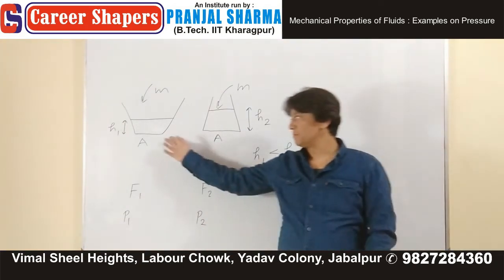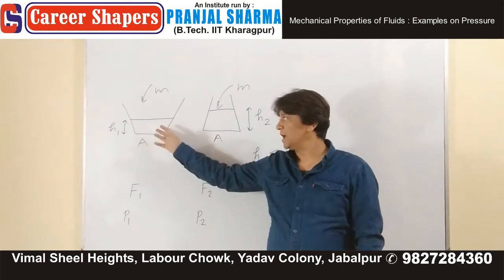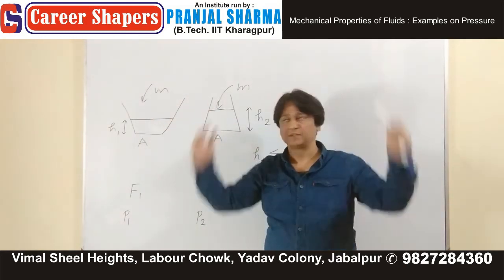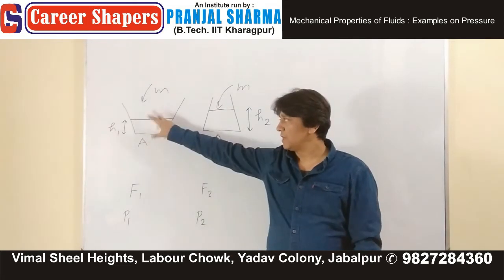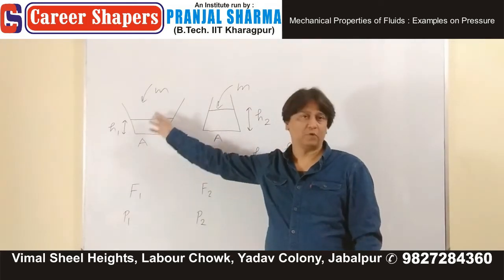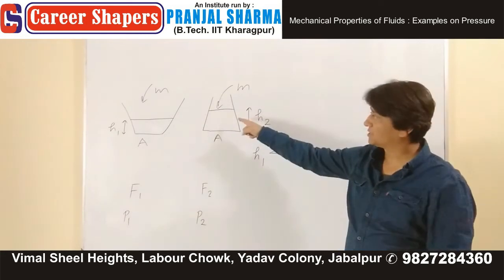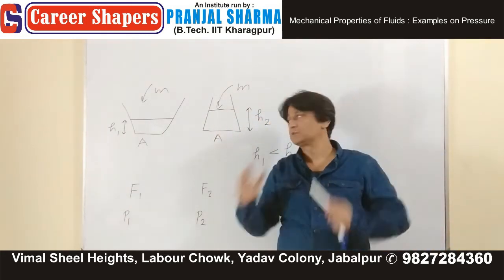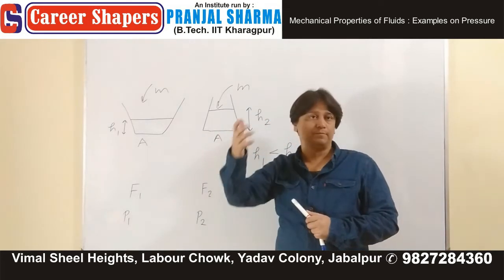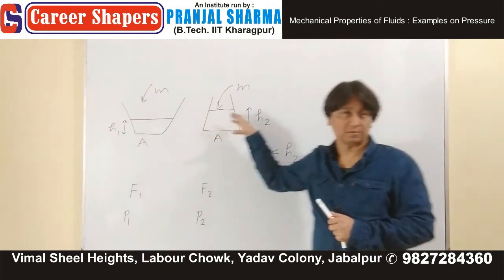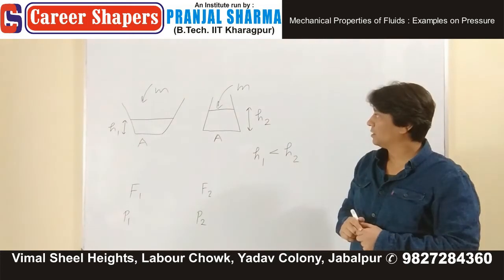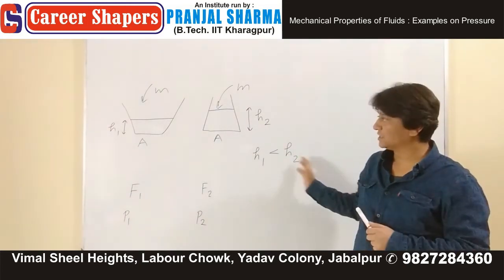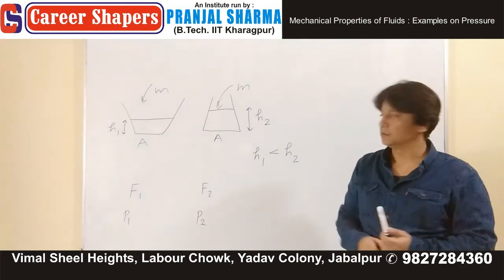If you have the same base area and as you go up the cross section increases, then the height of the liquid column will be less as compared to this situation. If you have a bottle which is tapering down like this, as you go up, you can easily fill this bottle. Now, the moment you visualize that H1 is less than H2, everything is done.